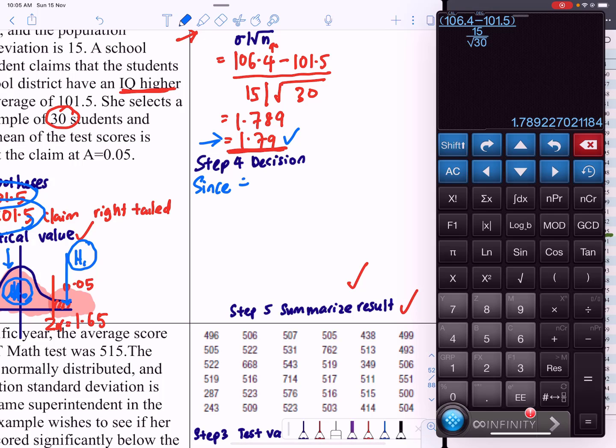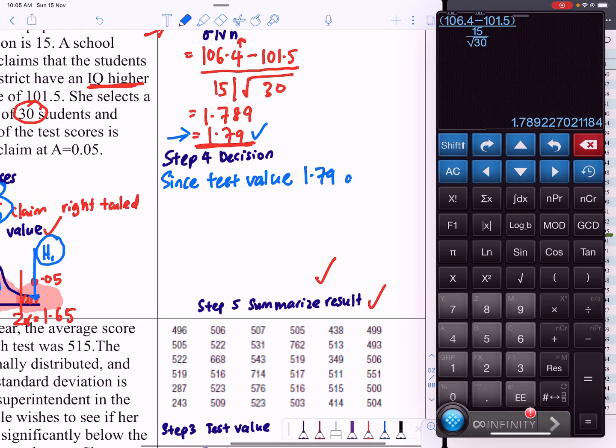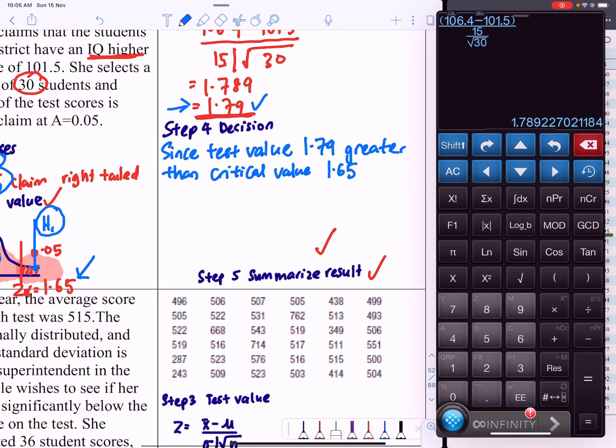Since the test value 1.79 is greater than the critical value 1.65, the decision is to reject the null hypothesis.